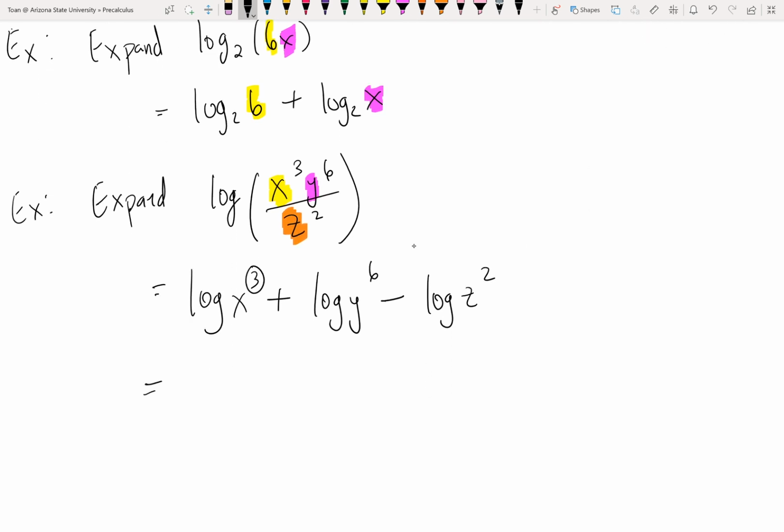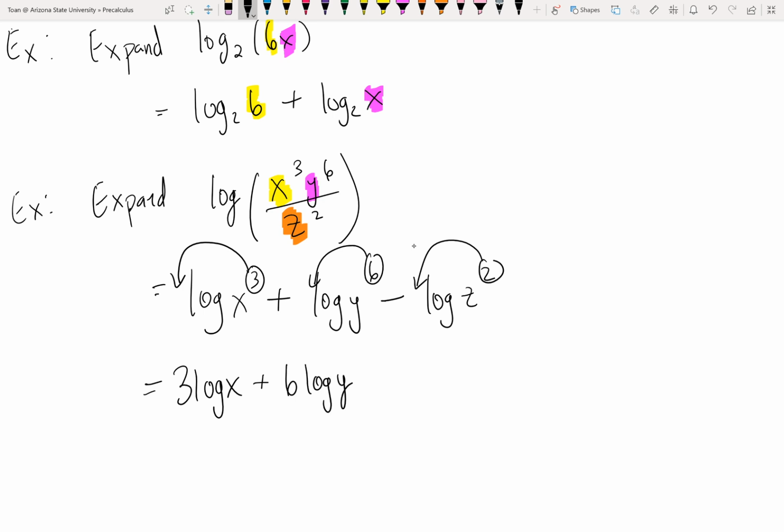According to the properties, if there are exponents inside of the logs, you can just move them or multiply them out in front. So the final expansion should be 3 log x plus 6 log y minus 2 log z. That is the expanded form of the original expression.